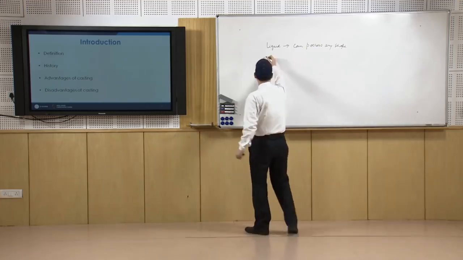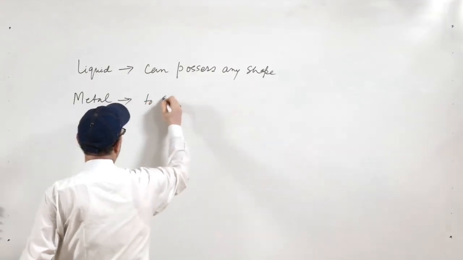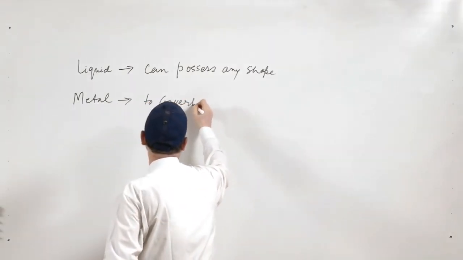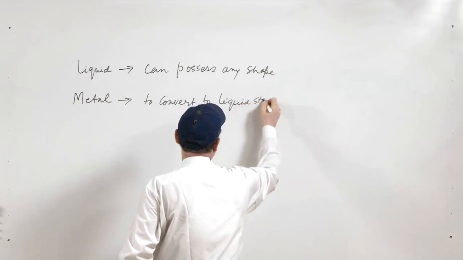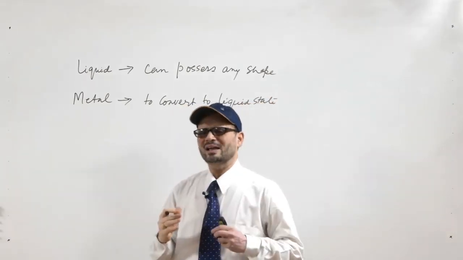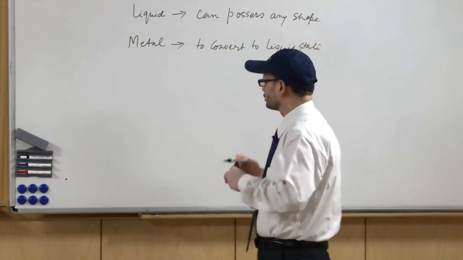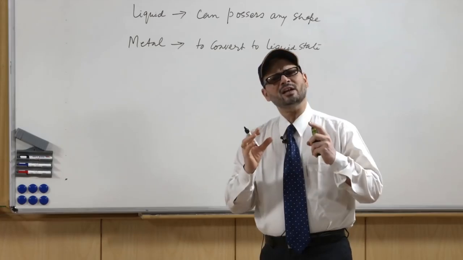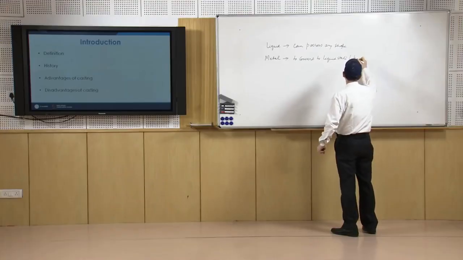So, for metal you have to convert it to liquid state, and most of the metals have their melting points above the normal temperature. So, basically you will have to give heat to melt it. This can be done by heating.